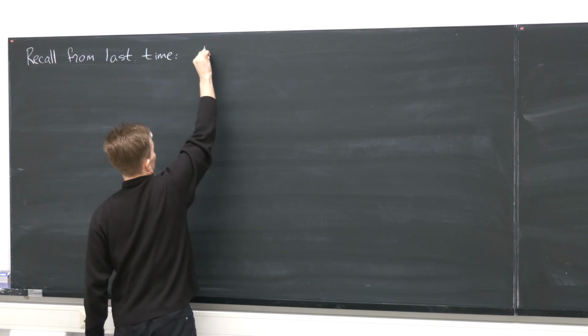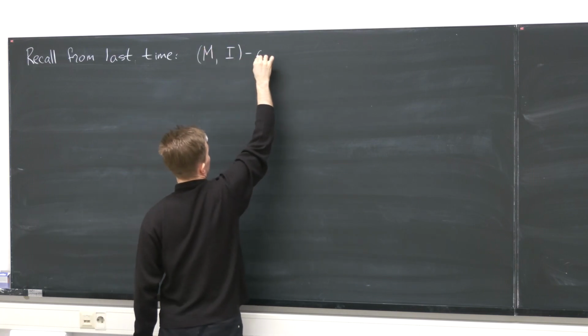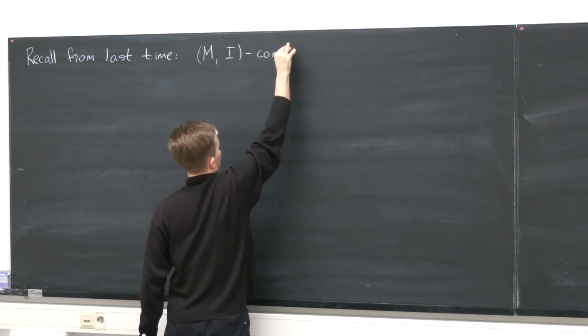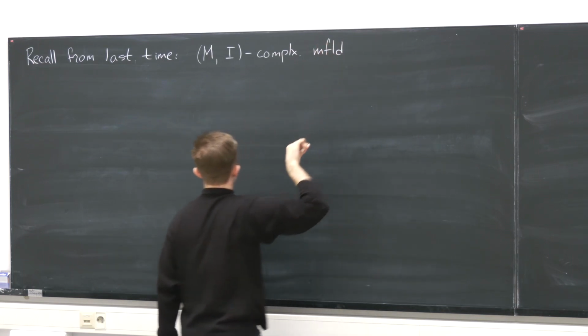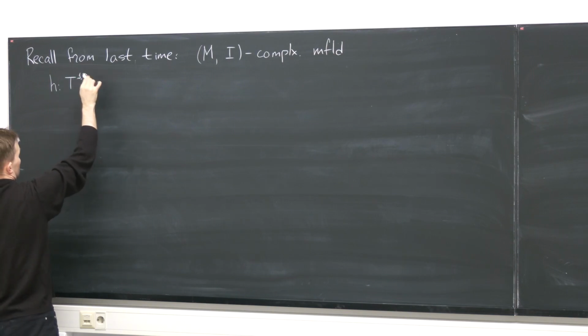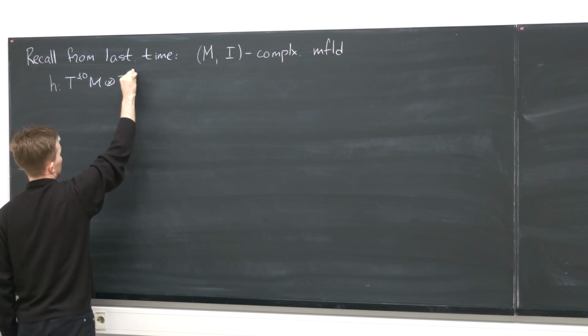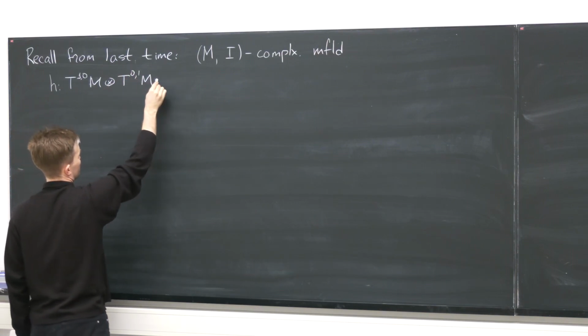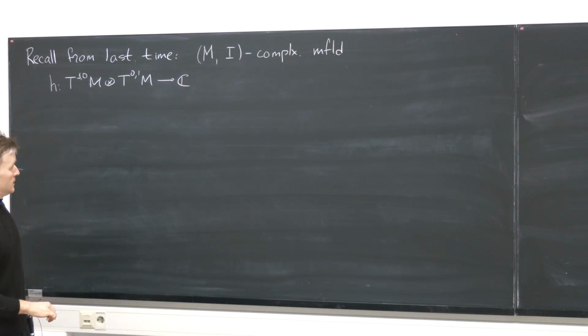So we have a complex manifold with a complex structure I, and we have a Hermitian metric on M, which satisfies all those properties I mentioned last time.